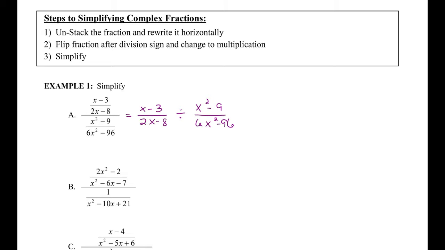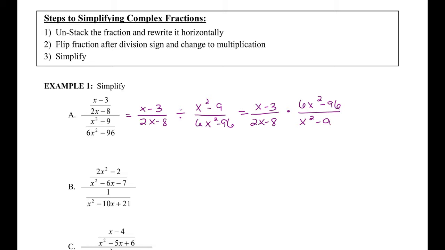So my next step is to flip the fraction after the division sign and change it to multiplication. So I get x minus 3 over 2x minus 8 times 6x squared minus 96 over x squared minus 9.